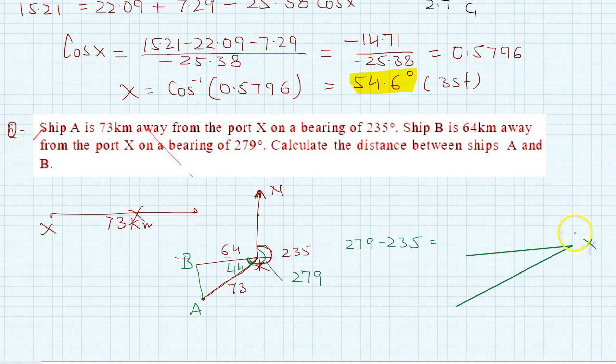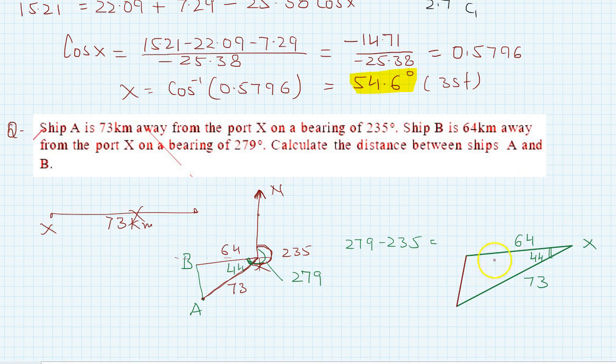This is x. The angle between them is 44. This is 64. This one is 73. What they want to know is the distance between these two. So we have to find this distance.